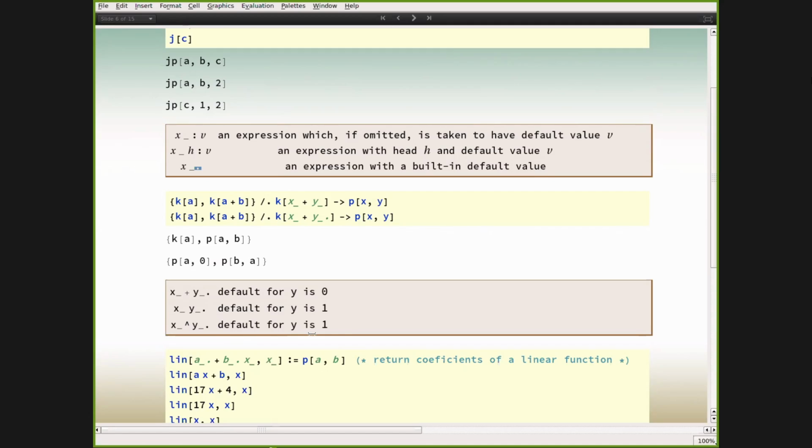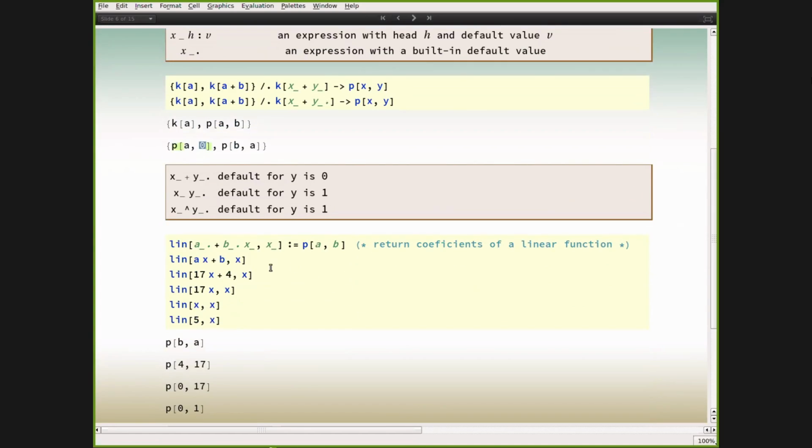And for the power function, the default value is also 1. Okay, so here you can see how it works. Here we have omitted this second element with default value, since there is addition, then the default element is 0, as this table says.